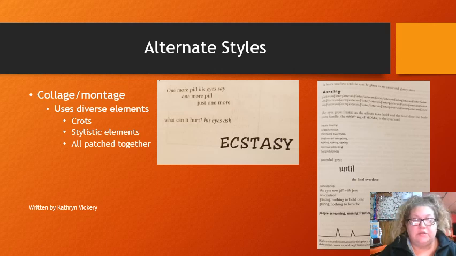Stylistic elements, you can see that she uses different fonts and pictures, or graphics rather, different size fonts to really explain the topic she's writing about. And these things are all patched together until it's one whole piece.